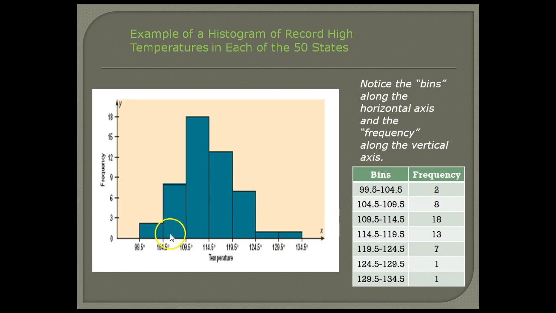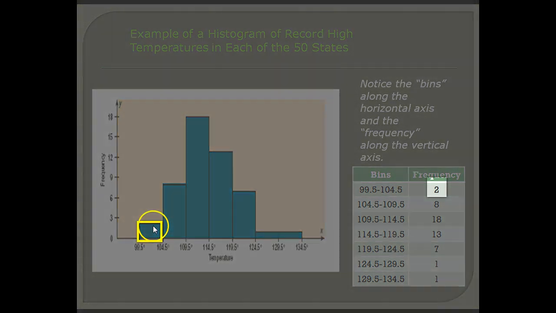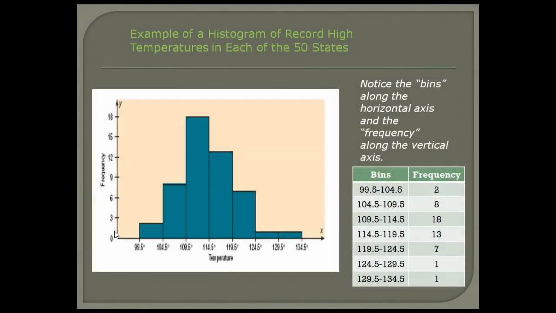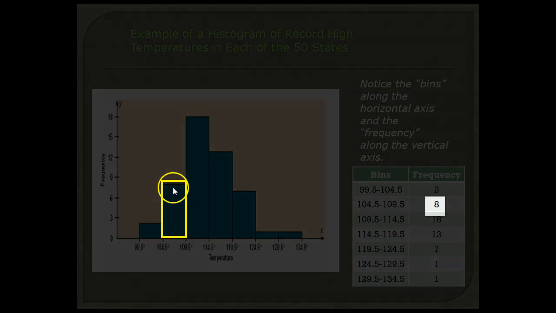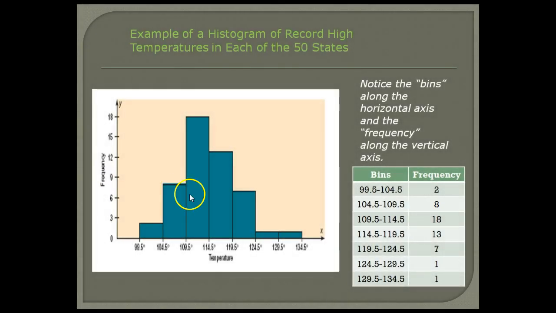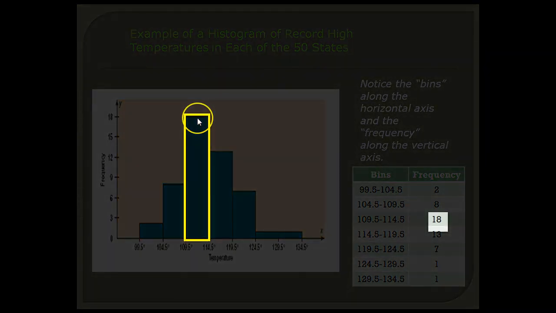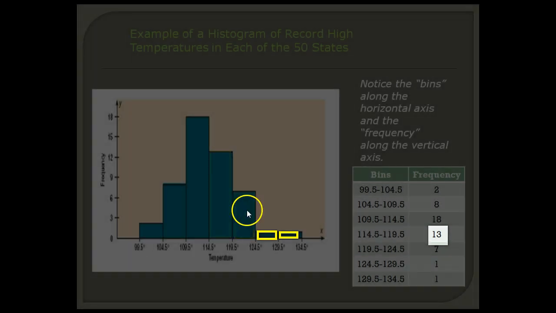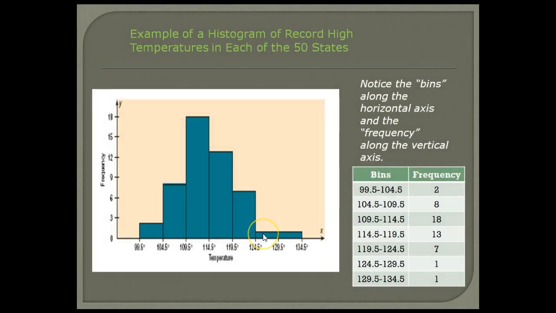I've created a bar to represent each frequency. Notice this frequency of 2 is very low and corresponds with 2 over here on my y-axis. I then have a frequency of 8 and a bar at a height of 8. I then have a much taller bar at 18. I drop back down to 13 and then 7 and 2, and the last bars are equal at 1.